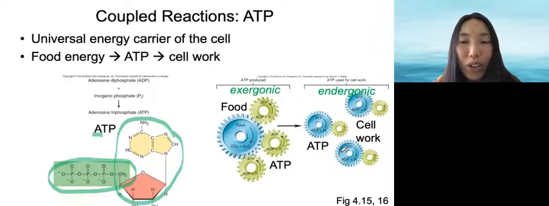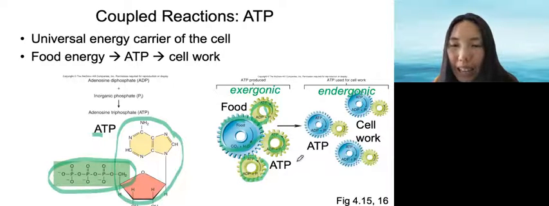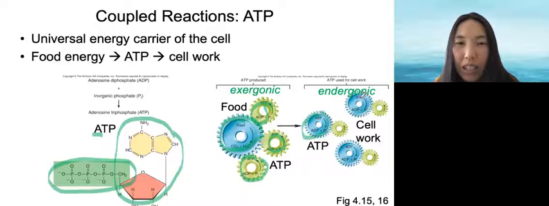If we go back to our wheel example, transforming food, this blue wheel, into ATP, the green wheel, is the first exergonic reaction. The food releases energy to ATP. The second reaction is endergonic, which takes the energy from ATP and puts the energy into the cells to do work.